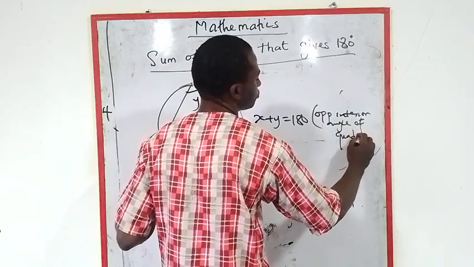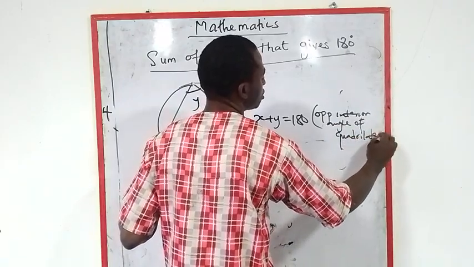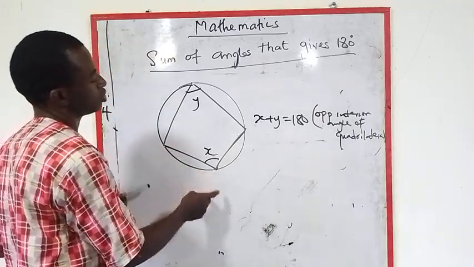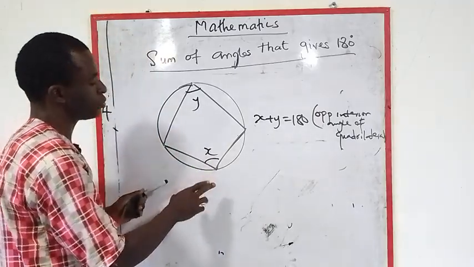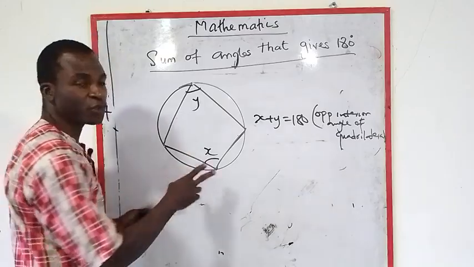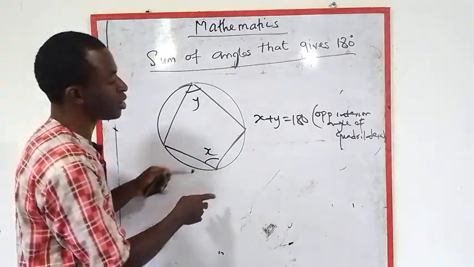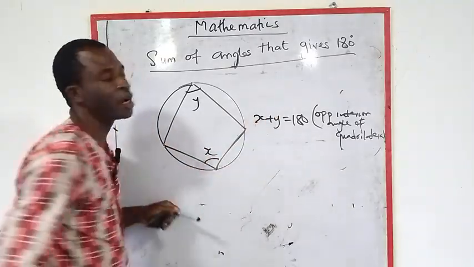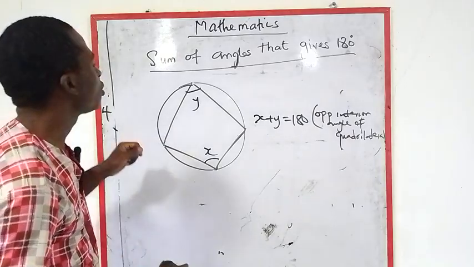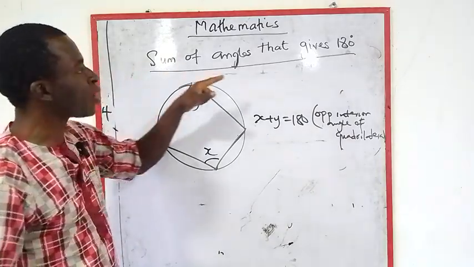The reason for our conclusion is a theorem that the sum of opposite interior angles of a cyclic quadrilateral is equal to 180 degrees.